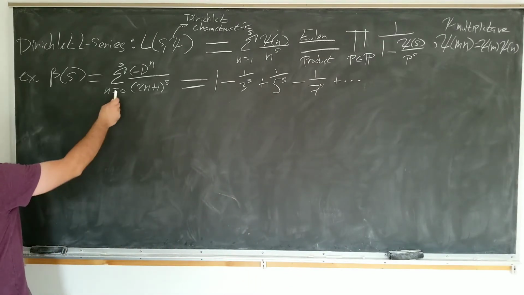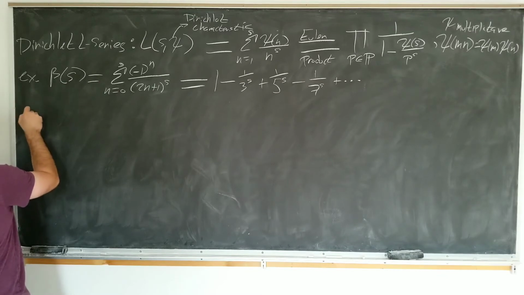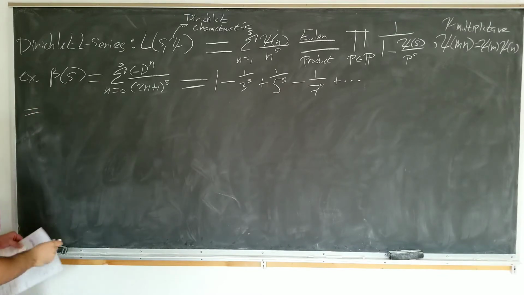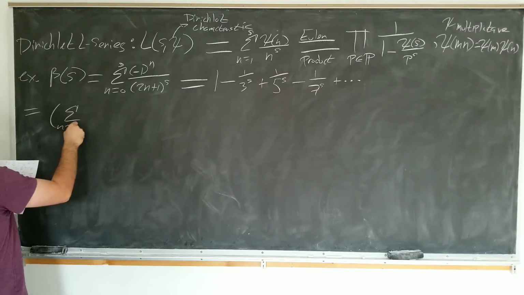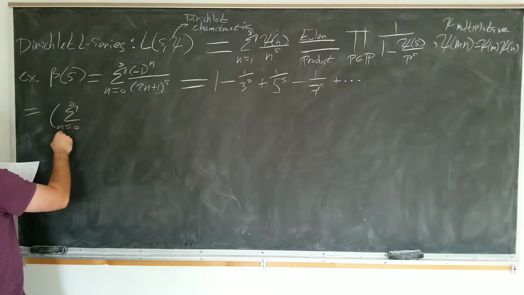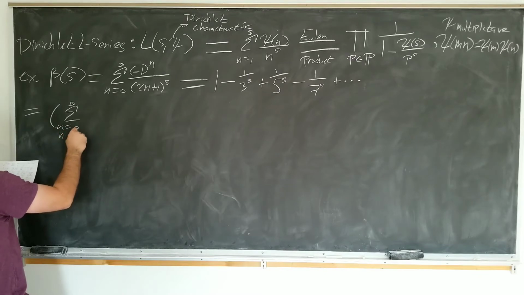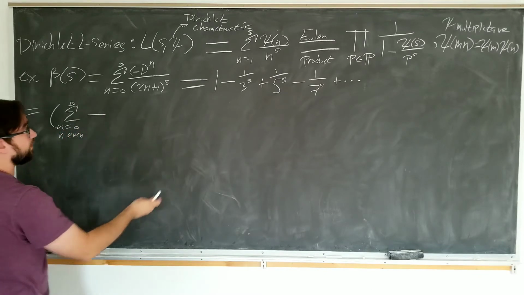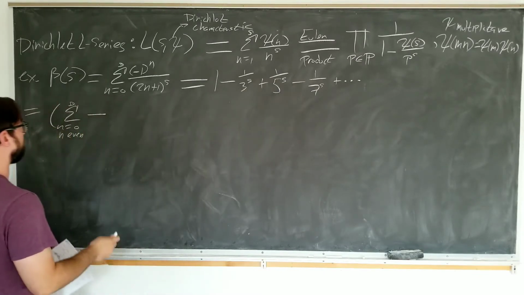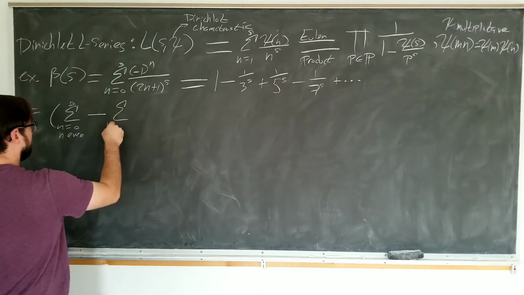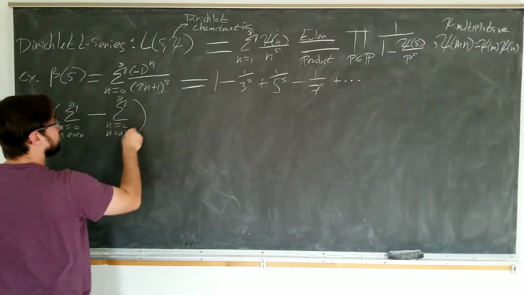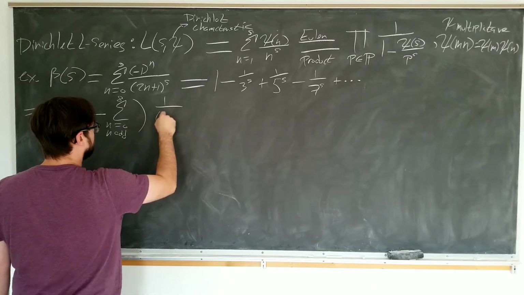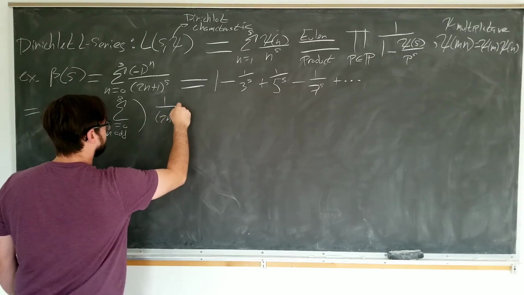So we're going to write this. Now we're going to break it up into the odd and even terms. The sum as n goes to infinity over n even, minus, since all the odd terms in this series have a minus sign, the sum with n being odd of 1 over (2n plus 1) to the s.